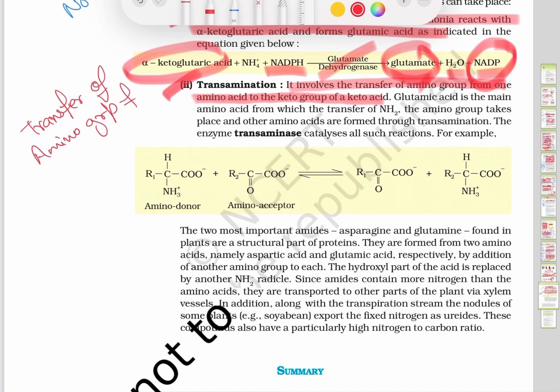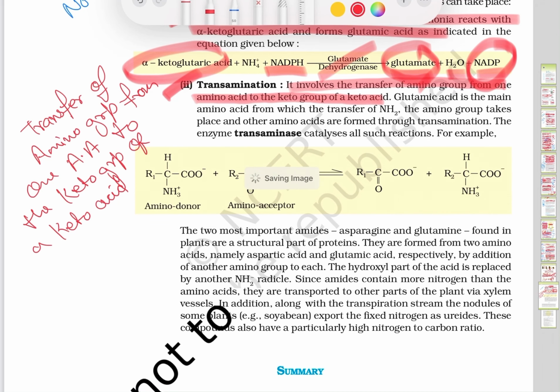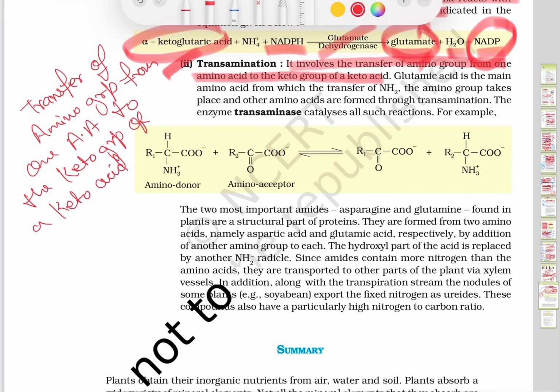Glutamic acid is the main amino acid from which the transfer of the amino group takes place, and other amino acids are formed through transamination. The enzyme transaminase catalyzes all such reactions.